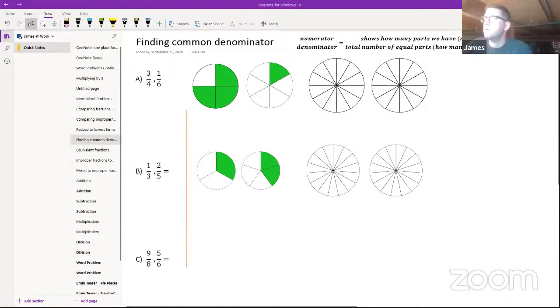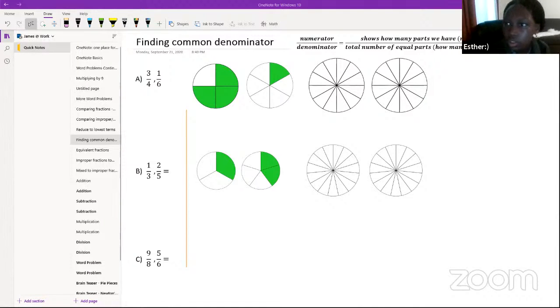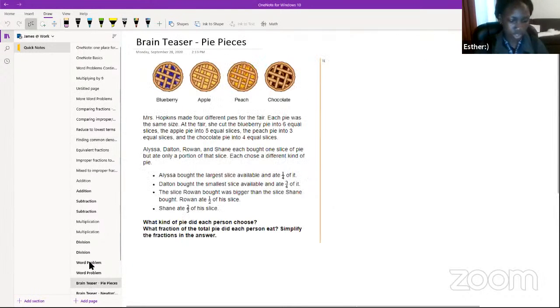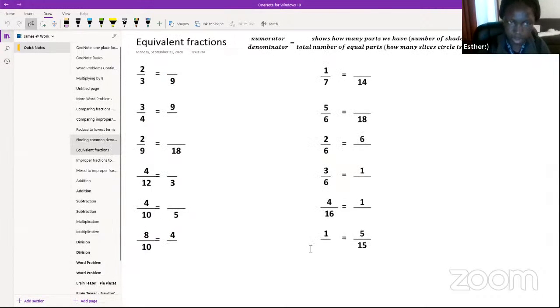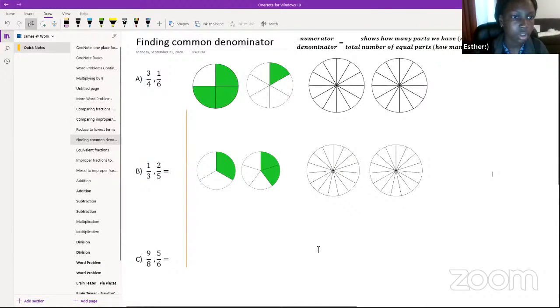Okay. I'm doing it in school, so I can't really share my screen. But actually, I think I can. I'm going to share my screen. It's my homework. You don't know what it is.